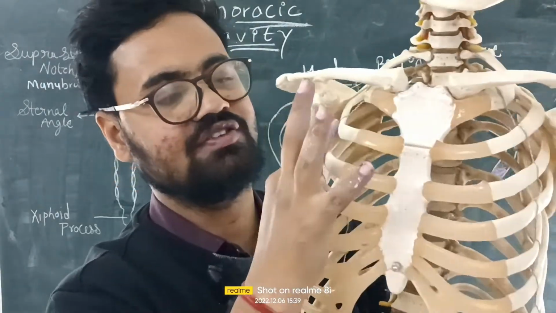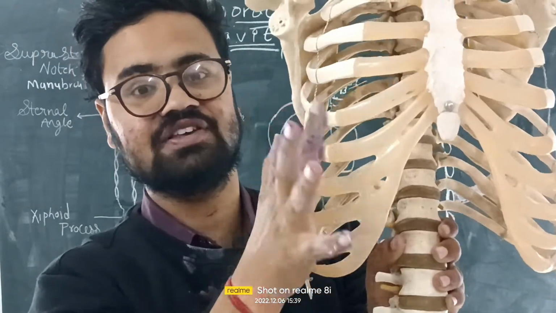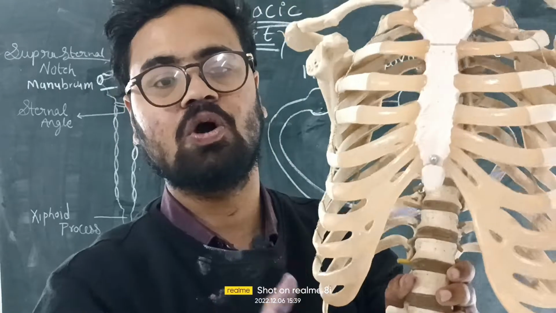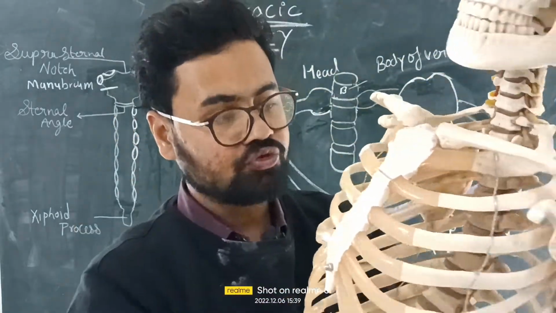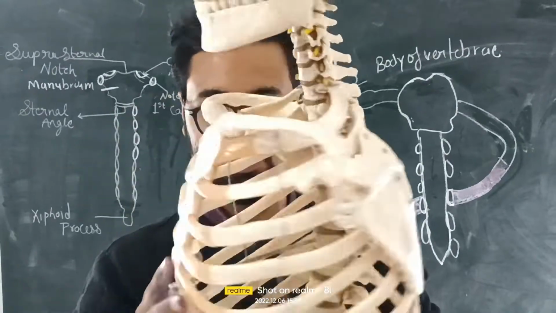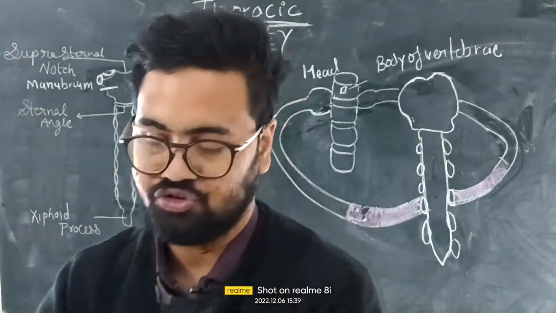These bony arch-like structures, curvatures, are called ribs, and these ribs are attached posteriorly to the vertebral column. Let me show you.